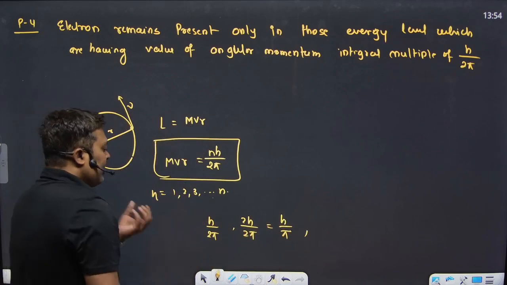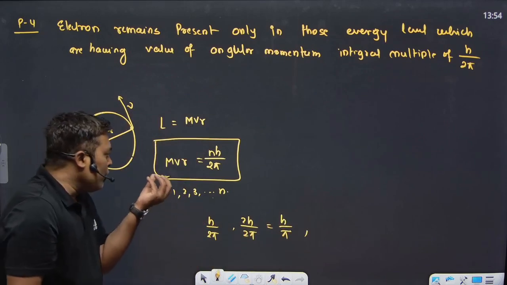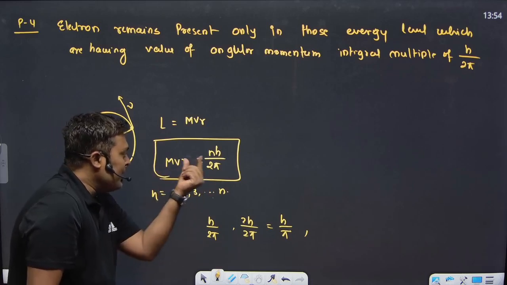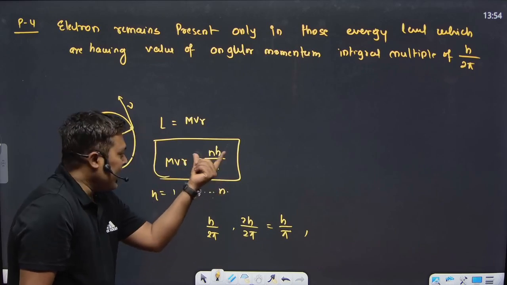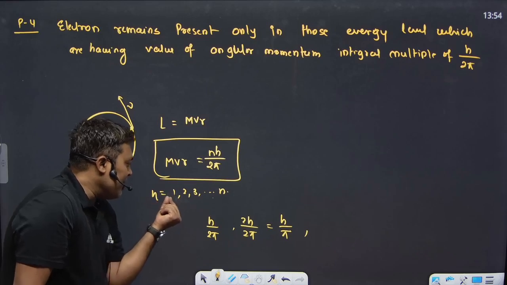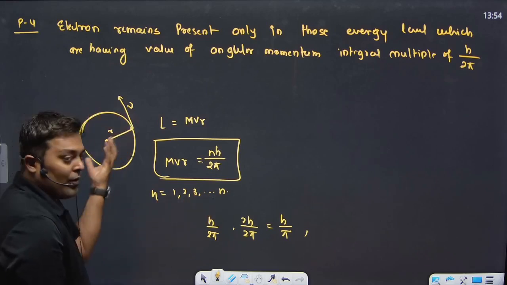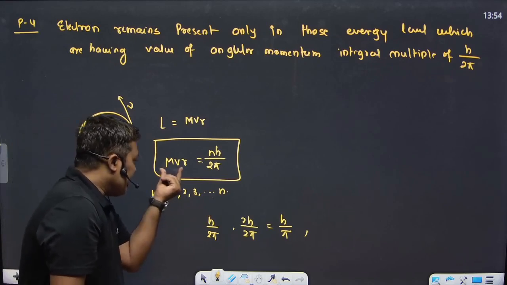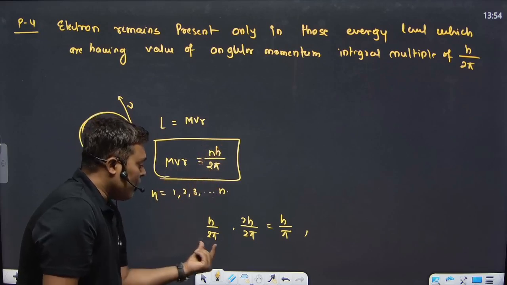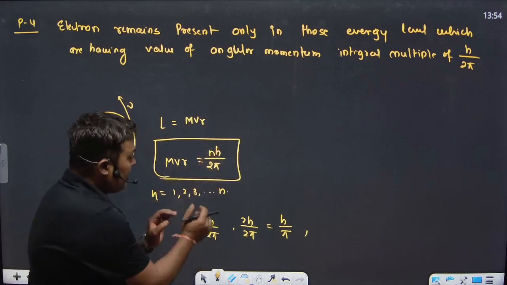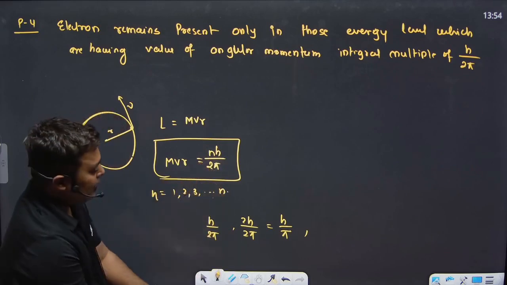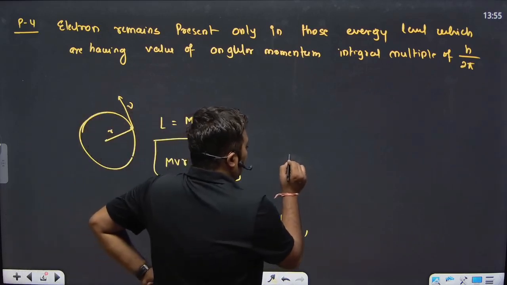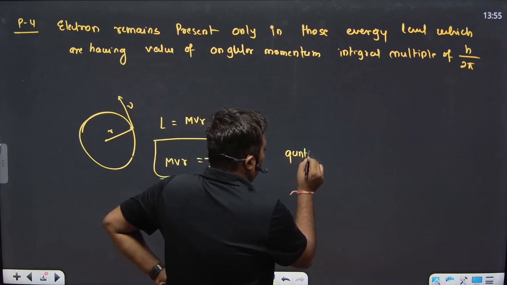So the electron will be present only in those stationary states or orbits whose angular momentum follows this formula, where n is again a whole number integer 1, 2, 3, 4, 5, representing the number of the shell, the different energy levels. If the angular momentum comes out equal to this formula, only then can the electron be present in those orbits, otherwise it won't be. So this explains an important concept, that is quantization of angular momentum.